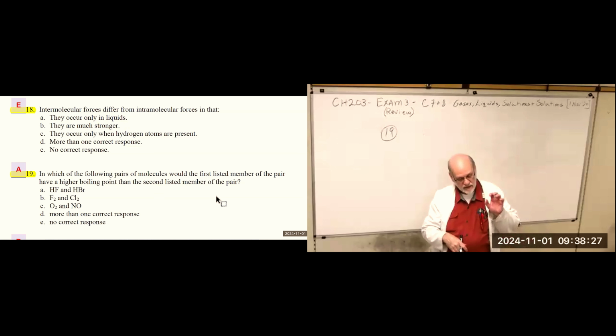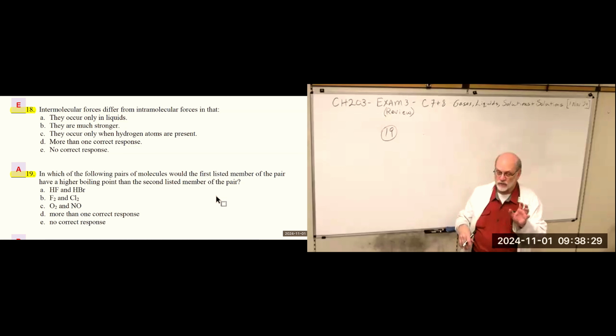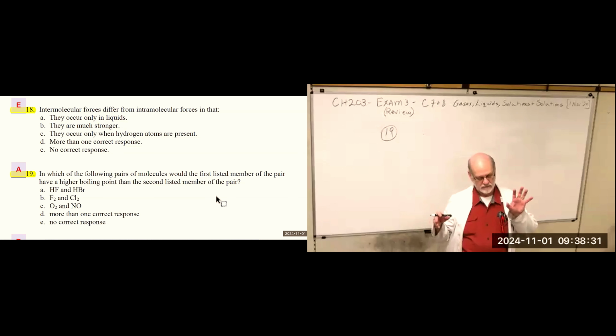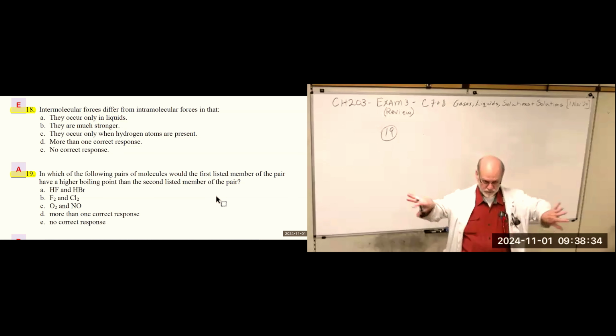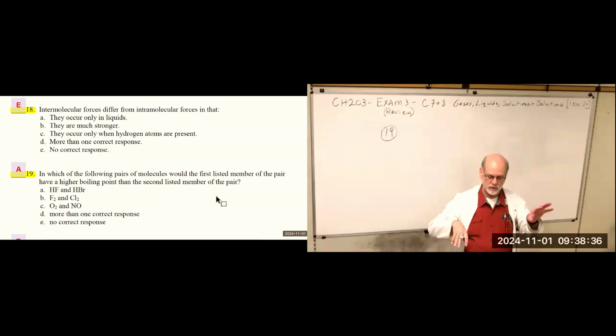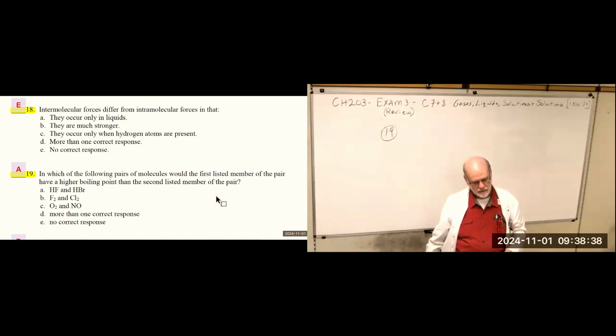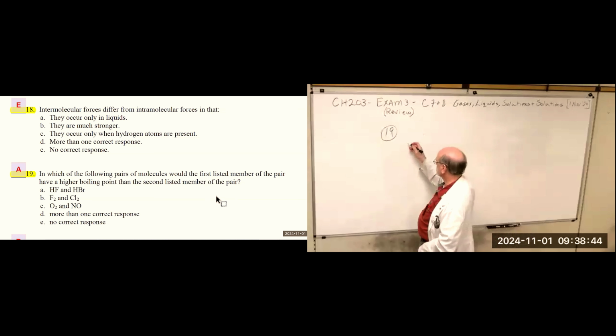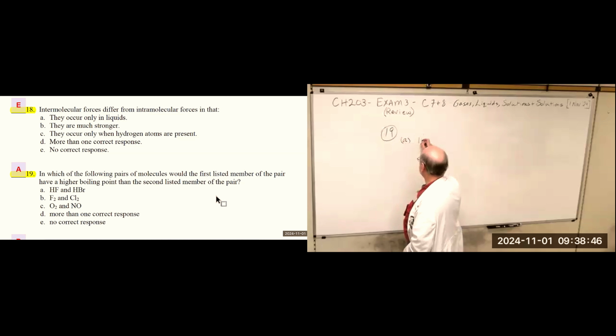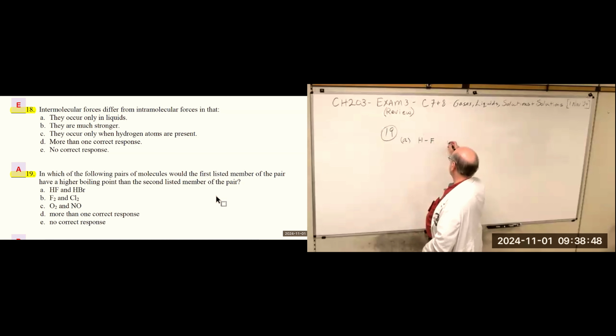For instance, the first one would be hydrogen fluoride and hydrogen bromide. If they're pure substances, not mixed, comparing these two pures, the higher boiling point would be the first one. We're comparing HF and HBr.